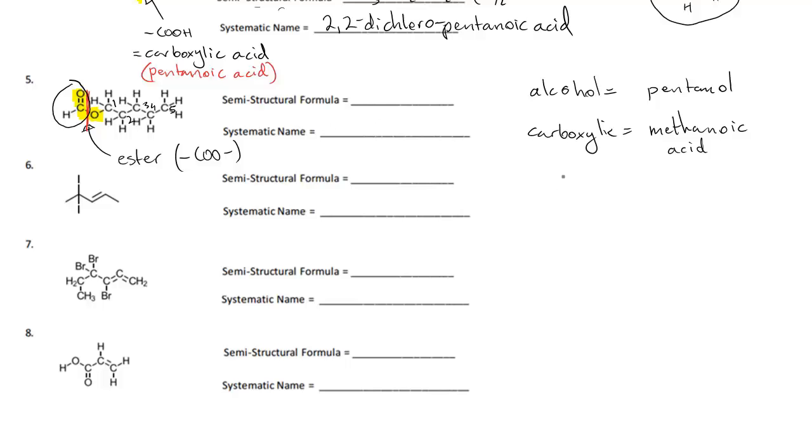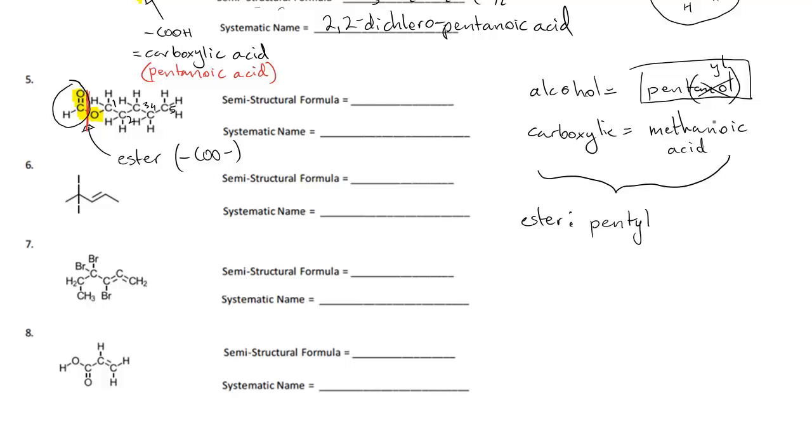So when you fuse these two names from the alcohol and the carboxylic acid into an ester, the ester name for this is, you take the alcohol and you take that ending and you replace it with a YL. So it's called pentyl. And then with the carboxylic part, you take that bit and you replace it with OATE.